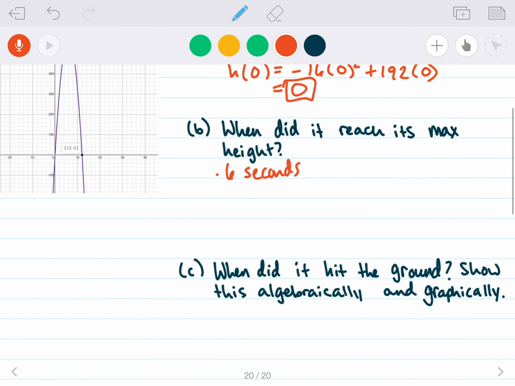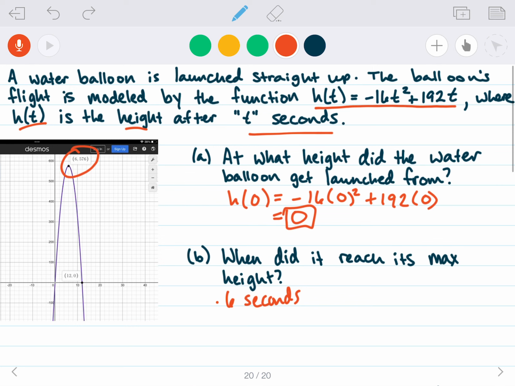Actually, we're not going to get to that in this lecture. I'm confused with our next lecture on vertex form. Forget about it. It doesn't say algebraically, just look at the graph. When did it reach its maximum height? At 6 seconds, it reached a max height of 576.